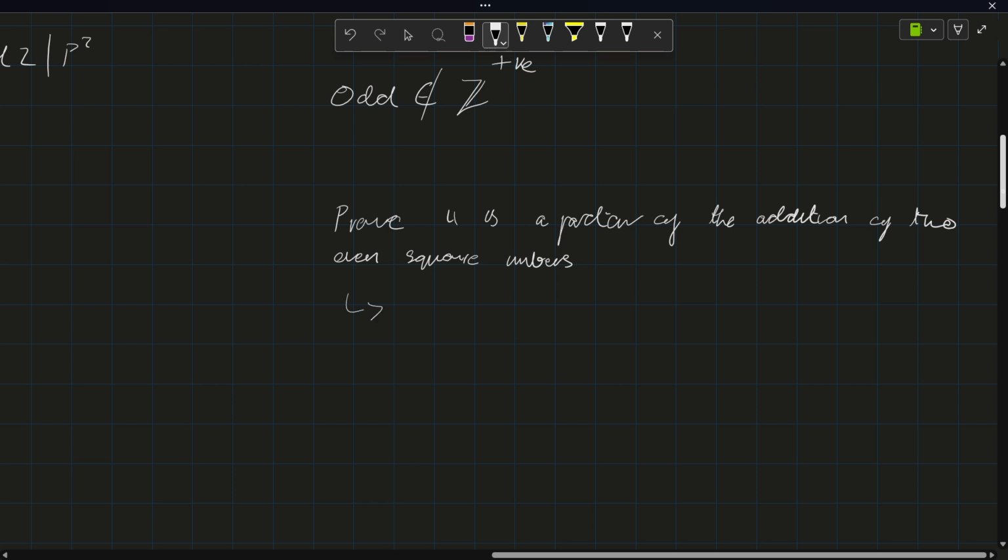If you wanted it in a different form, you could say... and two even squares would be 10.